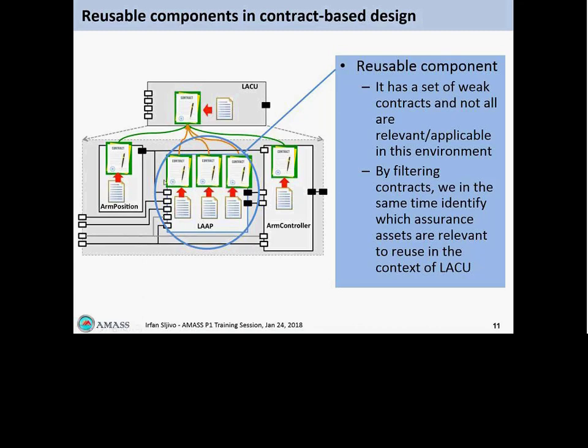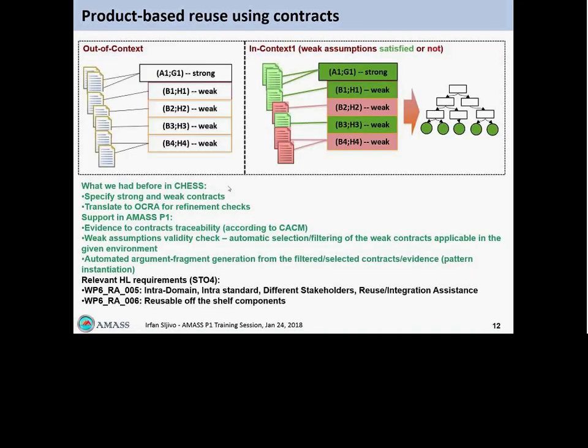So to say, for example, that if this one is satisfied here, then we choose this one, but the other two may not be usable or reusable in this particular scenario. So this is a brief summary of everything. Out of context, we would have a set of strong and weak contracts. Once we reuse in a particular context, some of those would be selected, some wouldn't, and those that are selected would be used in the argumentation.